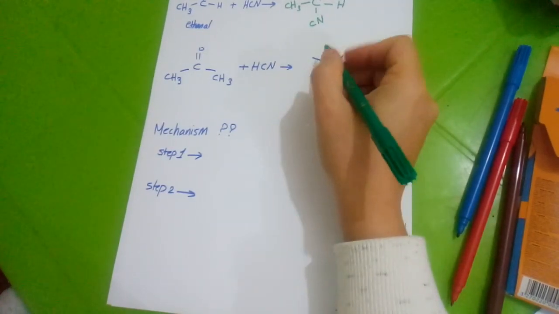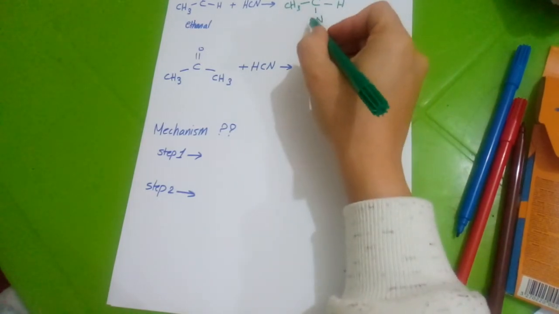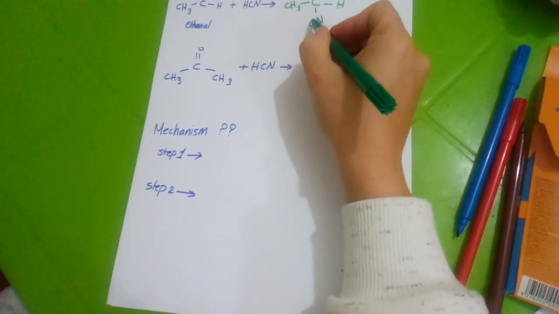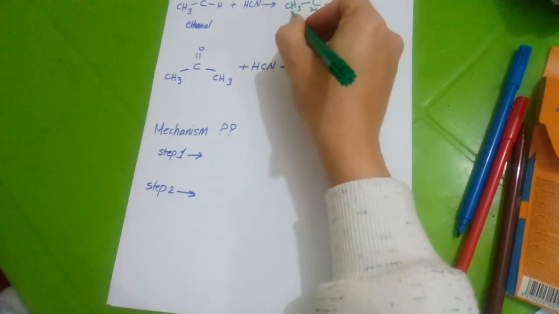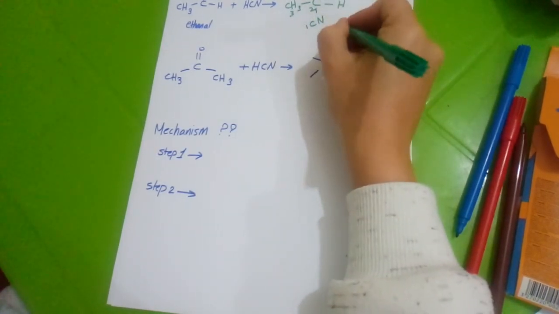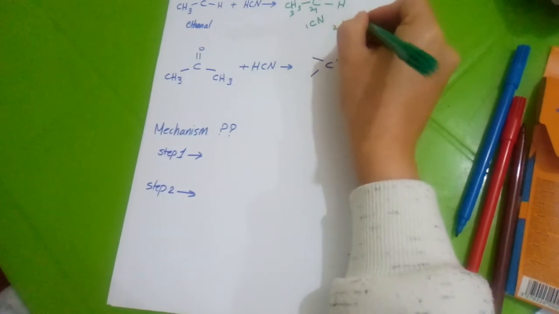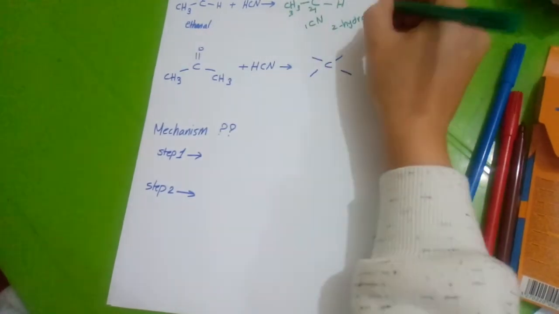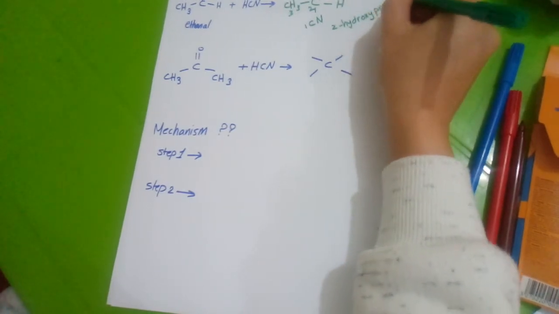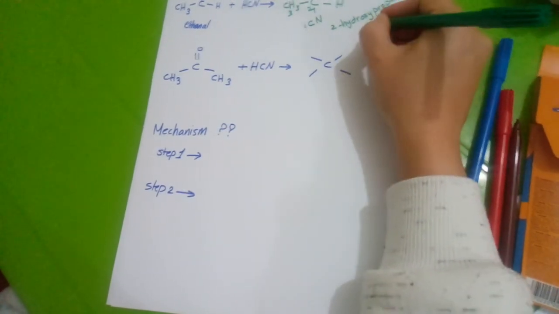Okay. To name that compound, I will start numbering my chain starting from what? From the cyanide. So this is carbon number 1, 2, and 3. We will call this compound 2-hydroxy propane nitrile.